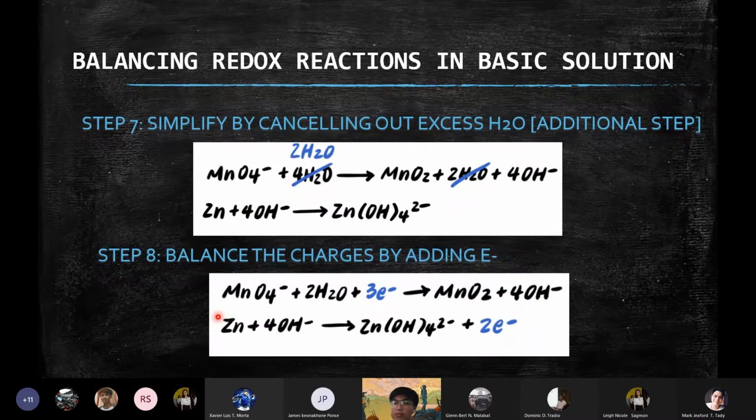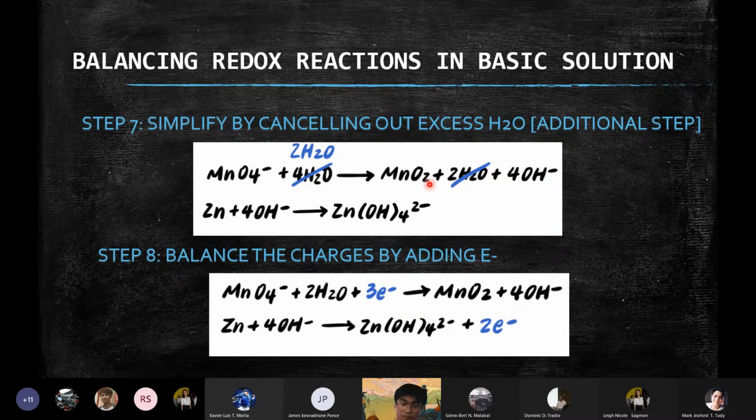The third additional step to balance the redox reaction in basic solution is to simplify the equation by canceling out excess H2O. We have 4H2O here, and 2H2O on the product side, so we simplify because we can perform an operation to cancel that out.